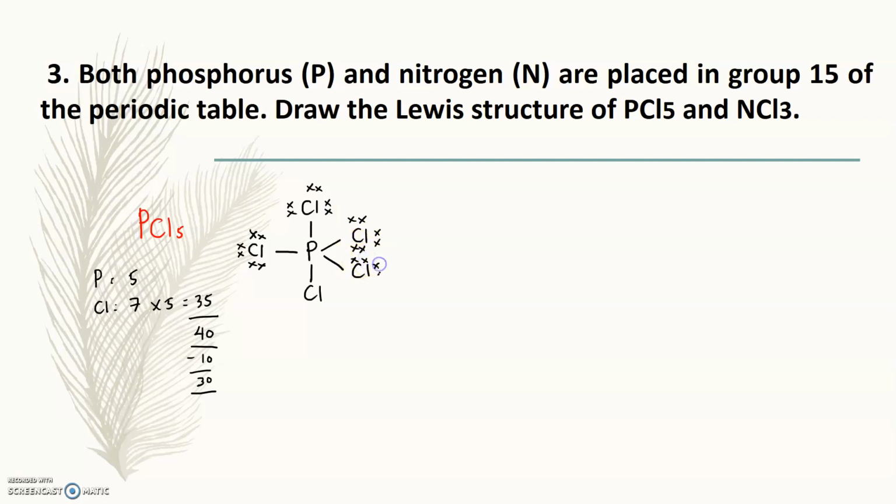So we draw the lone pairs for the 5 chlorine atoms. 6 times 5, so there are 30 electrons.